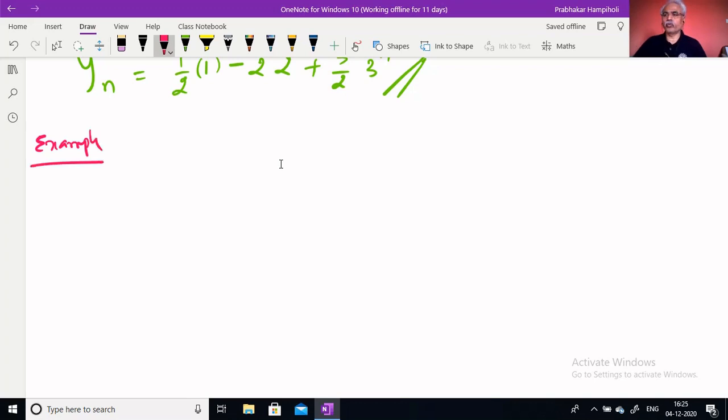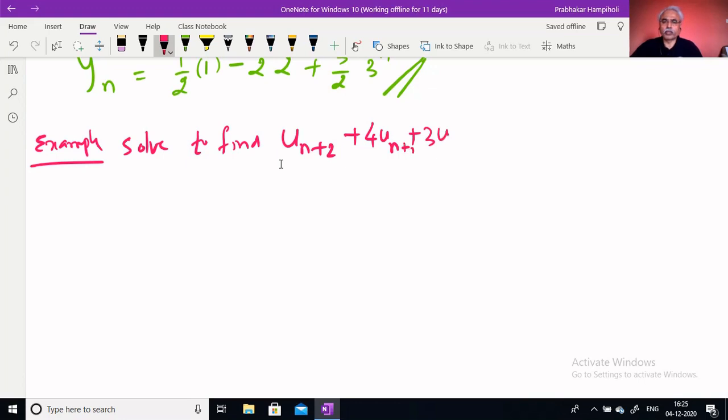We are getting used to the language of difference equations. Solve to find un plus 2 plus 4un plus 1 plus 3un equal to 3 raised to n. See that the right hand side is sometimes 0, sometimes a constant, sometimes some function of n, with conditions u0 and u1.